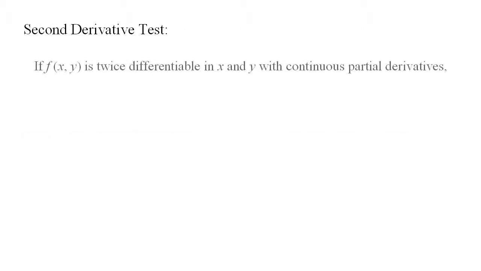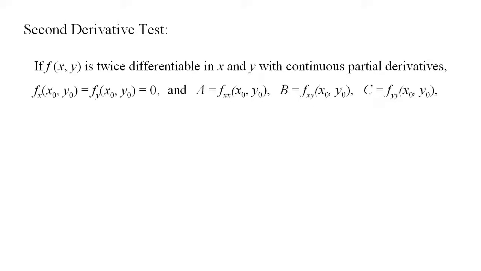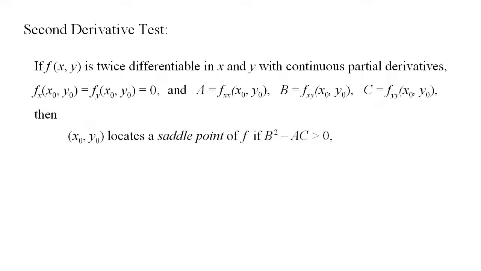If f of x, y is twice differentiable in x and y with continuous partial derivatives, the first partials with respect to x and y at x0, y0 are both 0, in other words, x0, y0 locates a critical point, and a, b, and c are these second partials at x0, y0, then x0, y0 locates a saddle point of f if b squared minus ac is positive.